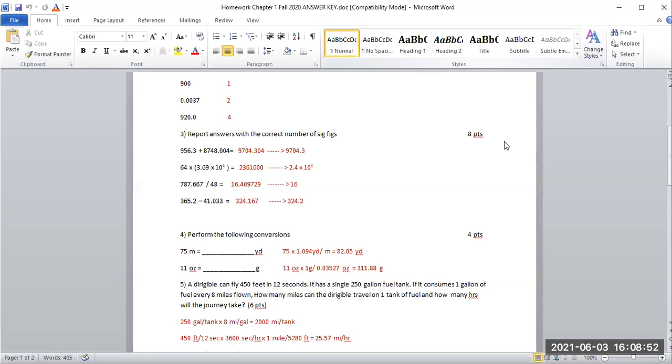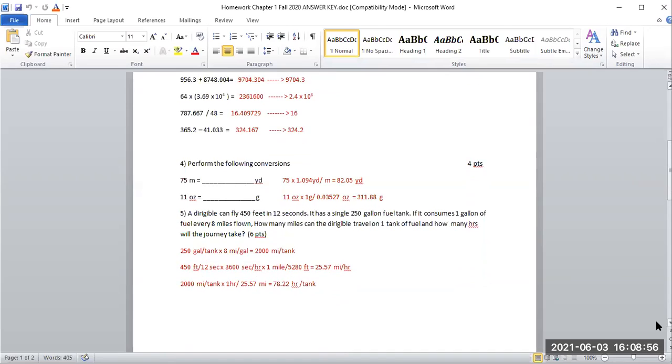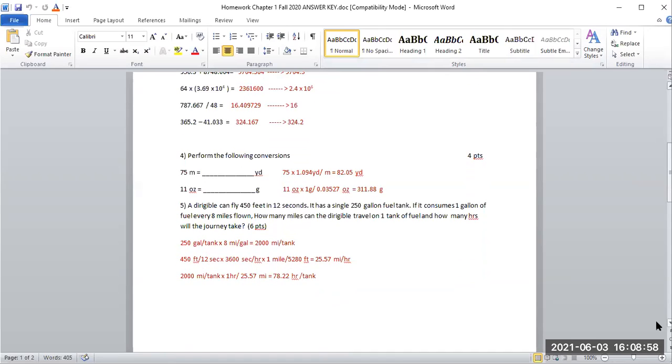Then we have 2 one-step conversions, 75 meters. Obviously there are plenty of sources on the internet, but there's also that really useful appendix in the back of your lab book, Appendix A, which has lots and lots of conversion factors for you. Your 75 needs to be multiplied by 1.094 to give you 82.05 yards.